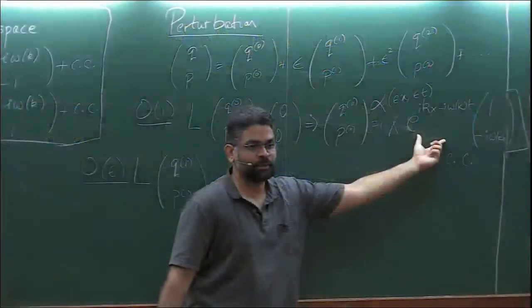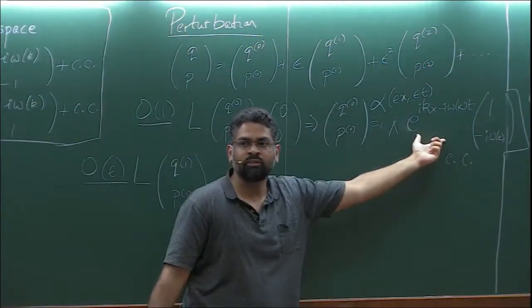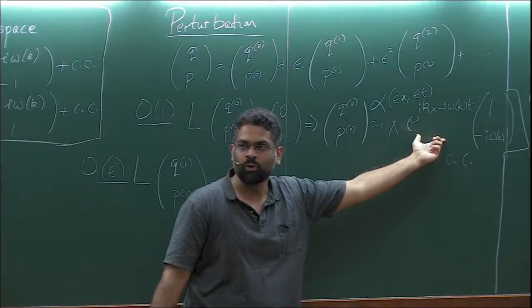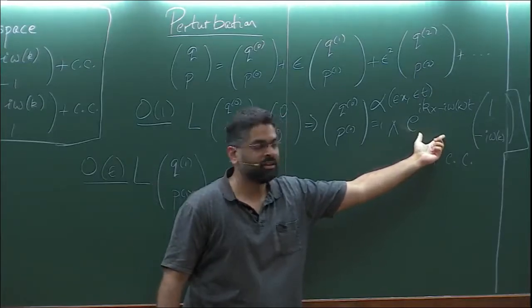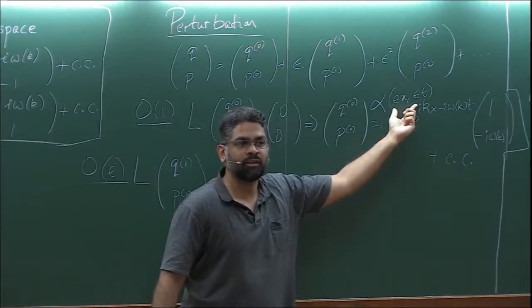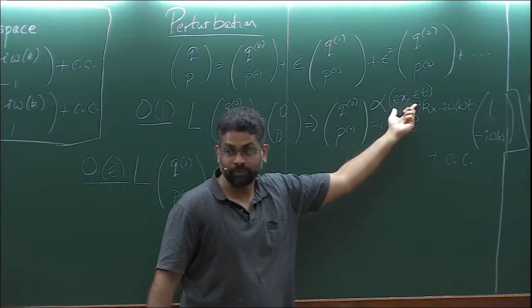So that means when the time derivative acts on this entire combination, it can act on this exponential, but that won't give me an epsilon. So that's the previous order. Or the time derivative can act over here, which will give me an epsilon.